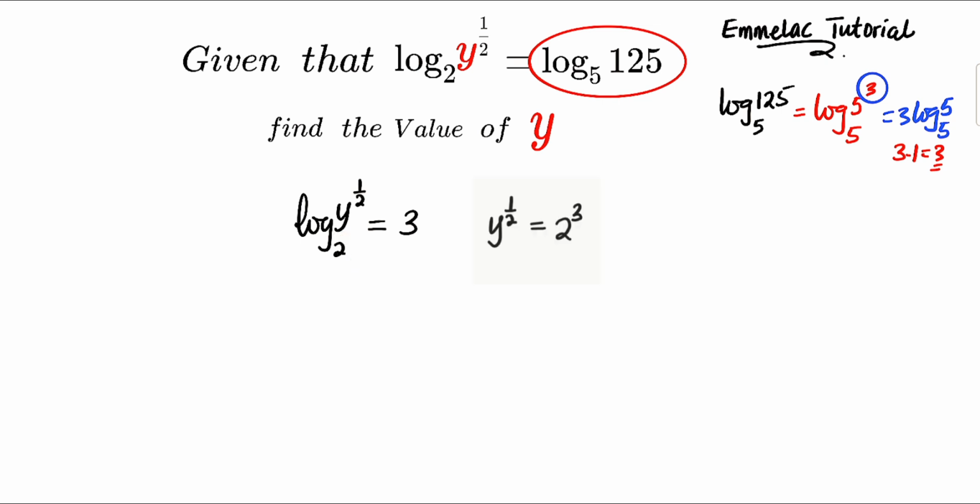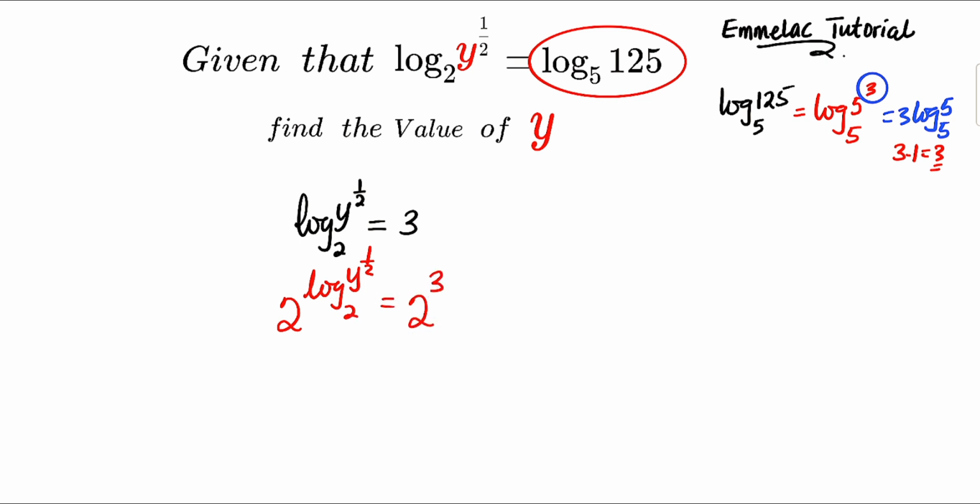Or better still, let's raise both sides to a base of 2. So this becomes 2 raised to log y raised to 1 over 2 base 2 equals 2 raised to 3.